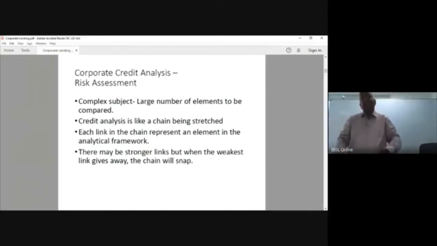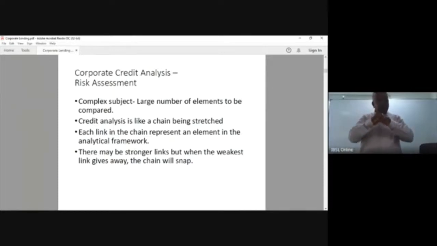It may break. Similarly, in corporate credit analysis, all the things you analyze may be strong, but if one item is weak and you neglect it, there may be a failure.